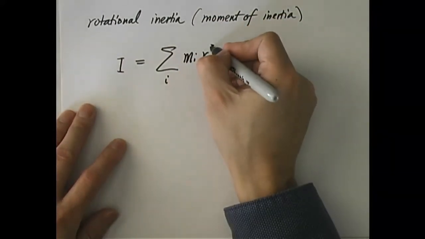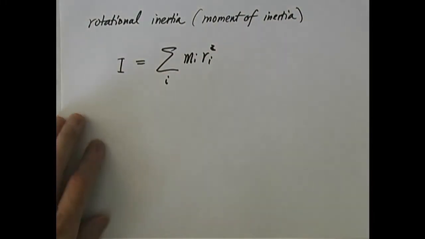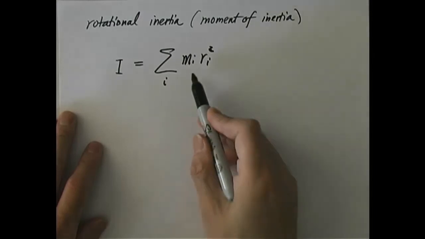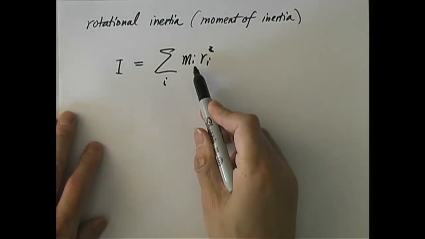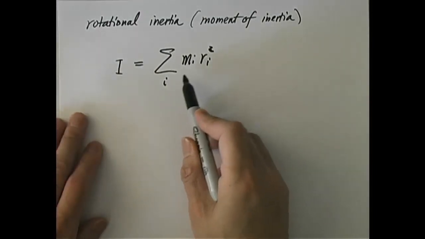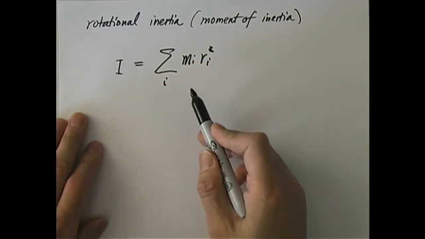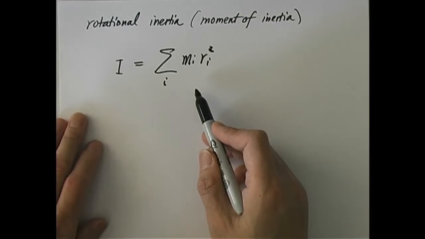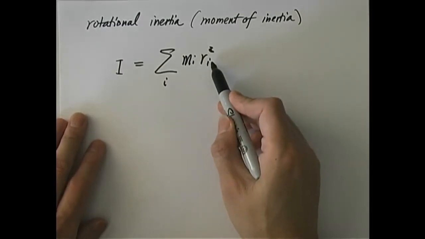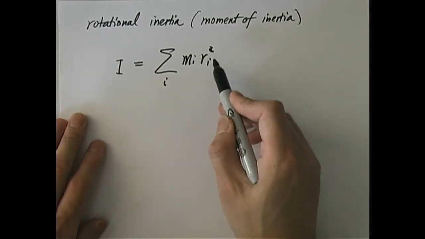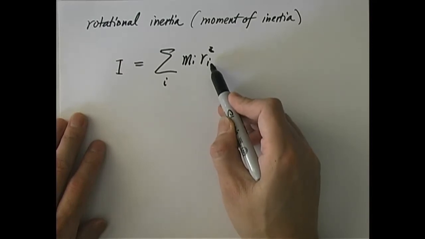This is the formula we use, right? First things first. Even though the mass of the object is fixed, and the shape and size can also be fixed, this quantity is still undetermined unless you tell me where the axis of rotation is. After all, r_i is the distance between the ith point in the object and the axis of rotation.